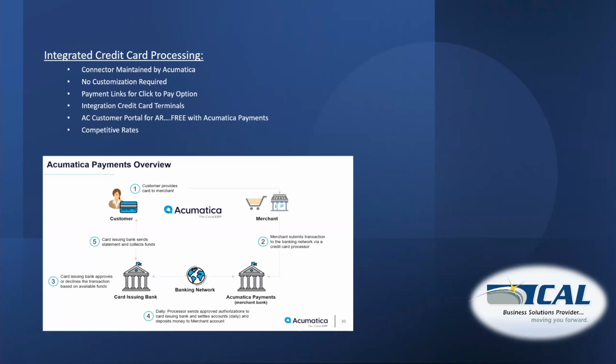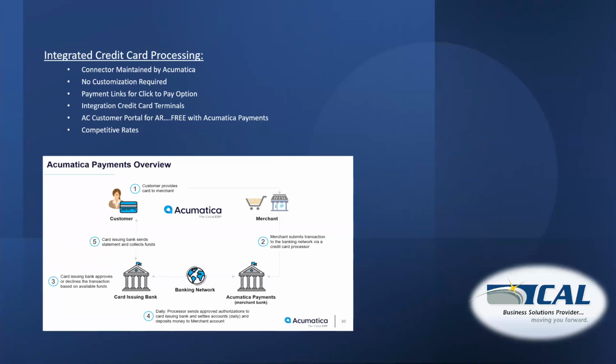Well, with 23R2 as well as 24R1, Acumatica has now introduced their own integrated credit card processing. They've partnered with a company called Fortis, where Acumatica is maintaining the connector from Acumatica to Fortis. There's no customization project required for this. This connector is all embedded right into the core 24R1 platform.